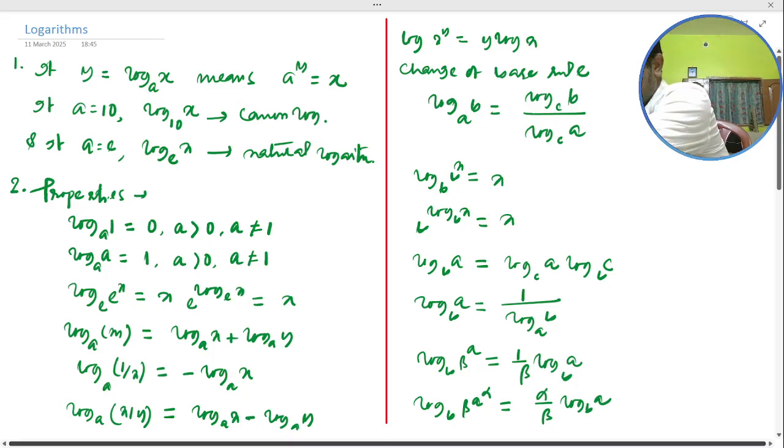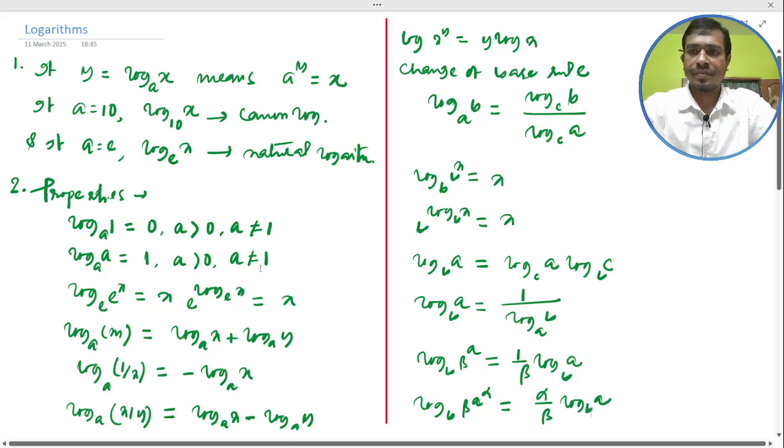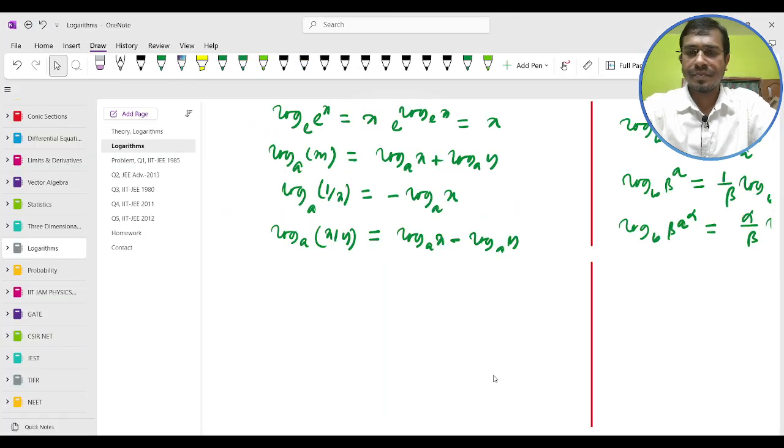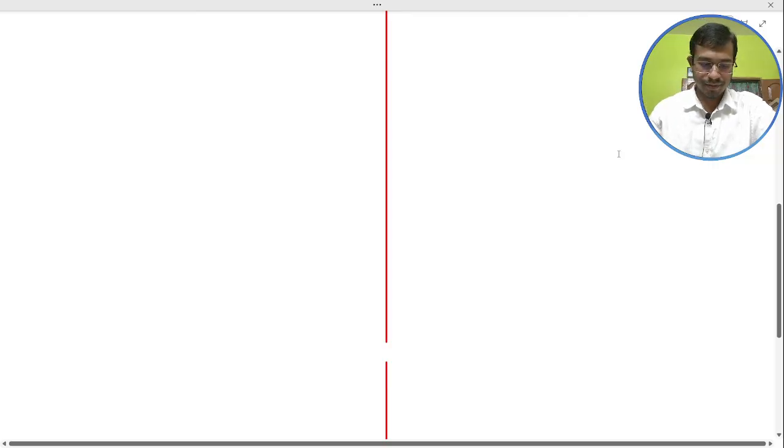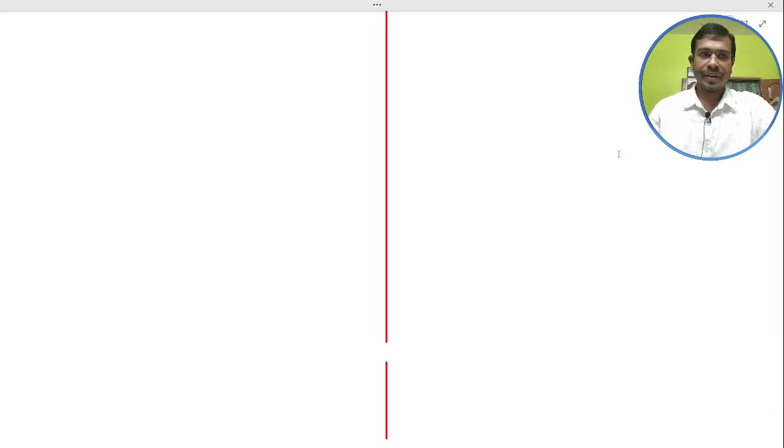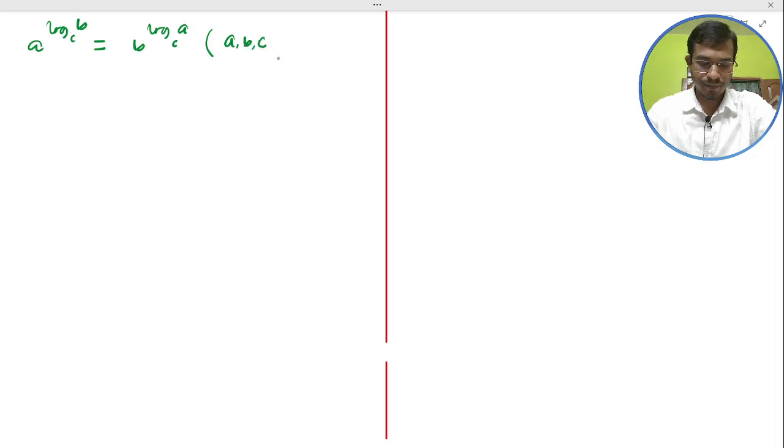Next property: A to the power log B base C is equal to B to the power log A base C. The condition is that A, B, C must be greater than 0 and C is not equal to 1.